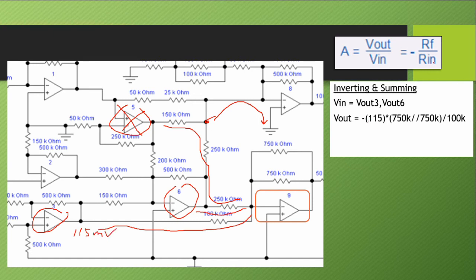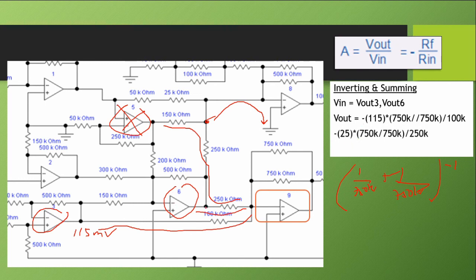So negative of 115 times RF, which is 750K parallel to 750K, that's 750 over 2, or 1 over 750K plus 1 over 750K, then quantity inverse. That is 750 over 2, K over 2, divided by 100 times negative 115.